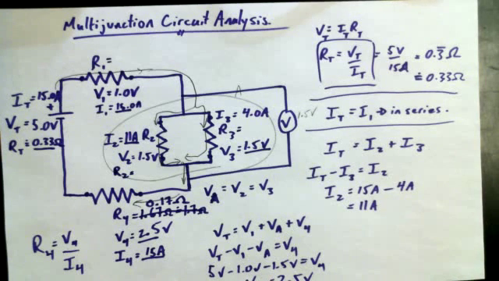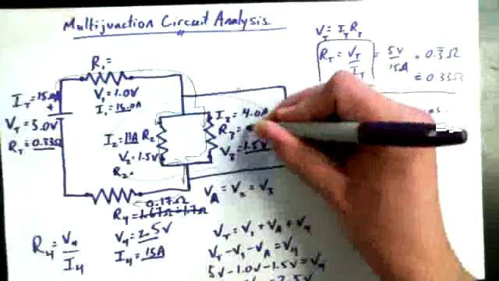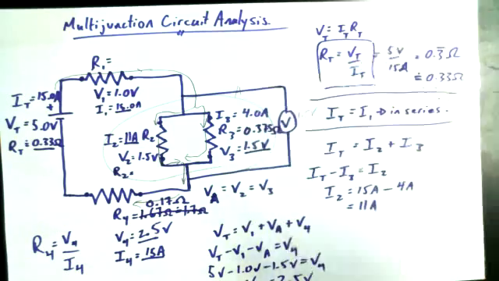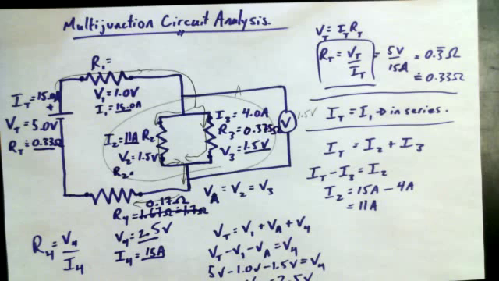You wouldn't know that until we did this analysis. I'm just filling in the values, and if you want to check them, you can. Try and calculate along with me.